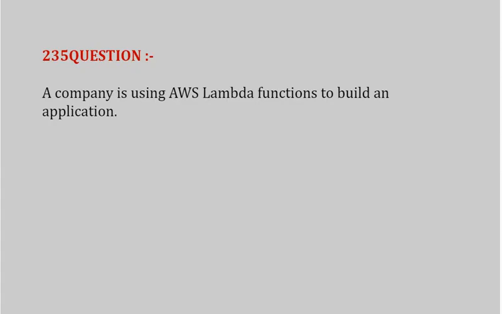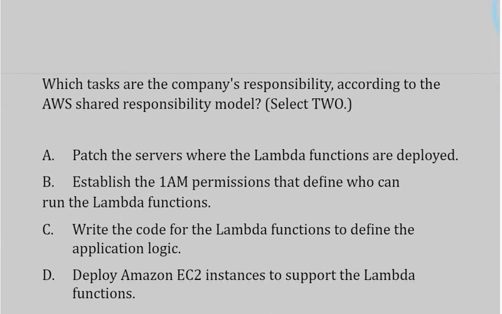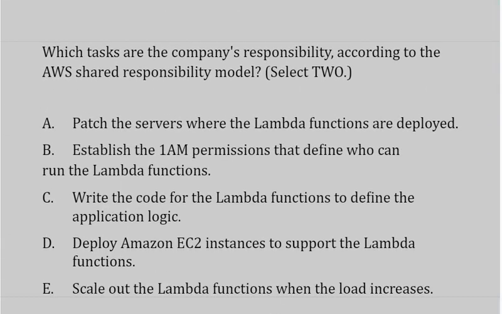Question is, a company is using AWS Lambda functions to build an application. Which tasks are the company's responsibility according to the AWS shared responsibility model? Choose two options. Option A. Patch the servers where the Lambda functions are deployed.